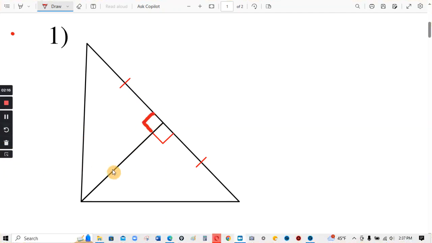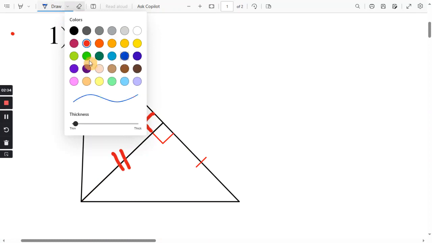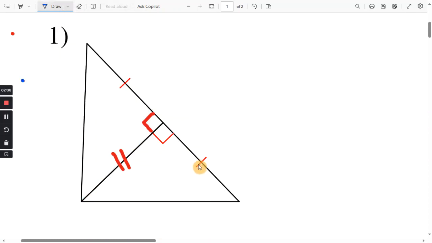All right, we see this side right here is shared by both triangles, so we can mark that congruent. They already used 1 tick mark, so I am going to use 2 tick marks right there. And now as you can see, we have side, angle, side.